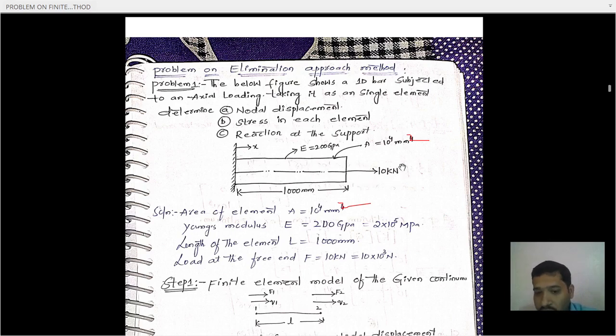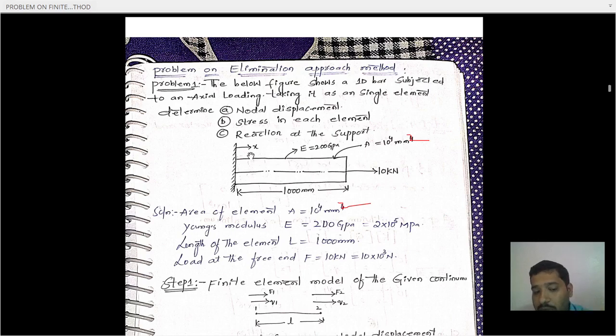Always remember one thing: because the load is applied toward the right side, the nature of the load is a tensile load. Then you have to remember this x also moves in the same direction as the applied load.